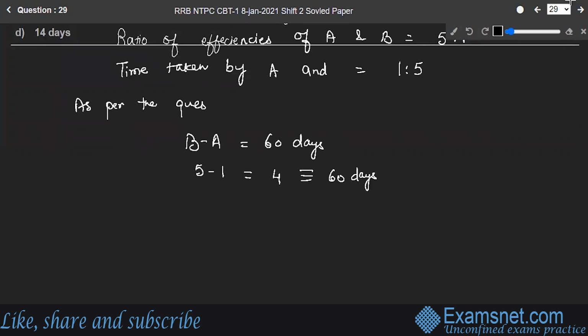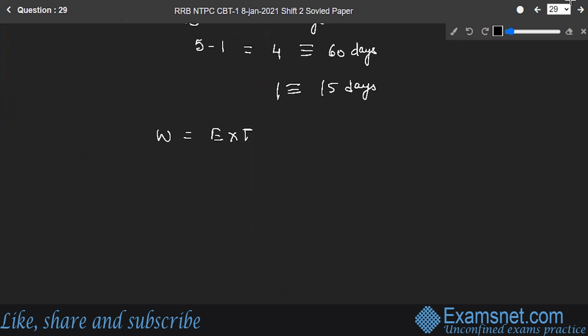That means 1 part is equal to 15 days. Correct? Now you know one thing, work is equal to efficiency into time. So efficiency is 5, the time is 15 days. This is equal to 75 units.